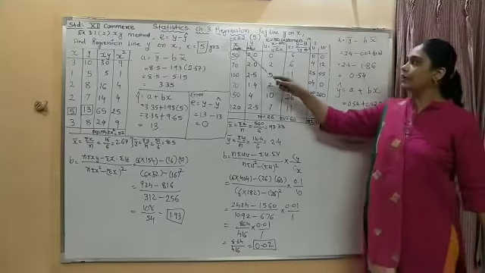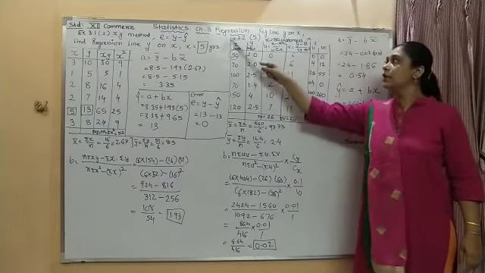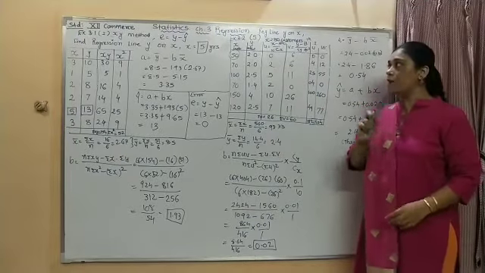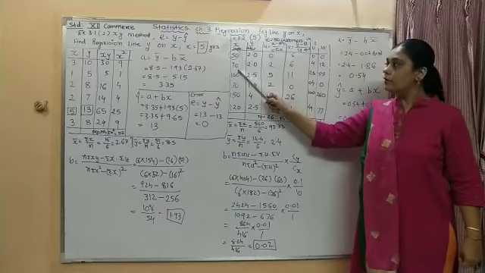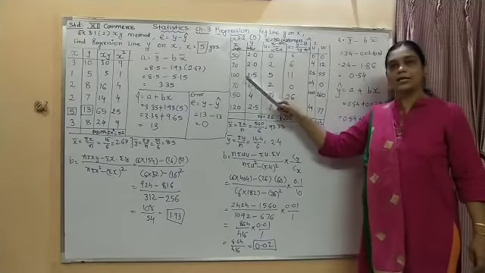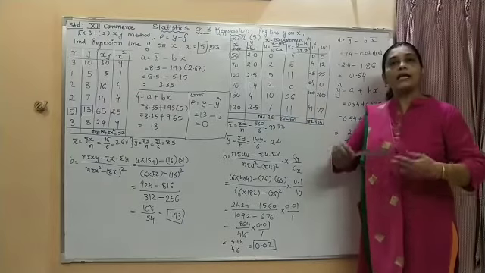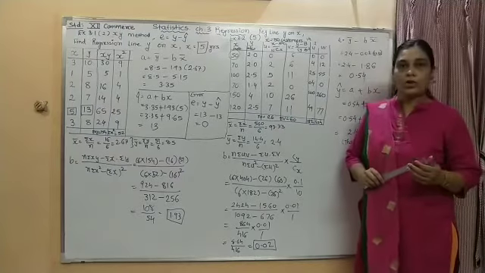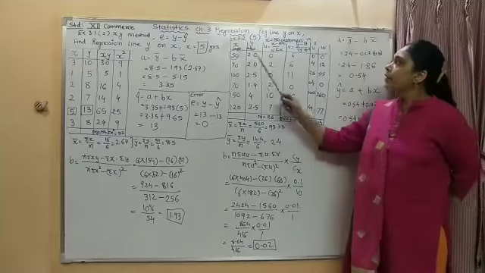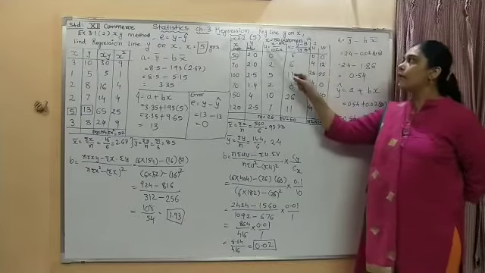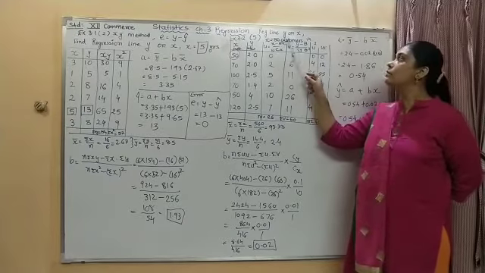So here I have taken this sum from the exercise 3.2 question number 5, where I have taken care that in one column you will find simple numbers, integers, but in the y column you will find decimal points. So I can teach you in a variation how to solve the sum. Let's see. In the question, find out the regression line y on x when x is equal to 8 number of customers.